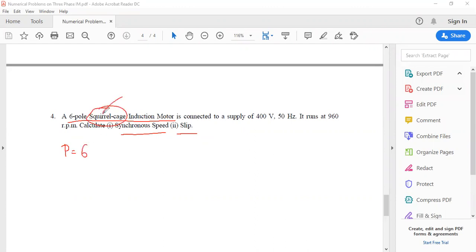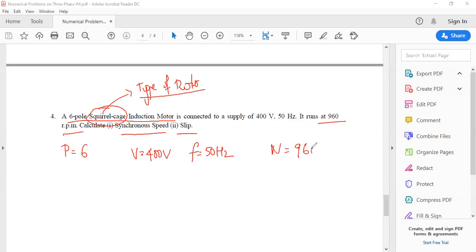Squirrel cage is the type of rotor. Based on the type of rotor, you can classify it as squirrel cage and slip ring induction motor. You have voltage 400 volt, frequency 50 hertz, and it runs at 960 rpm. So n is 960 rpm.